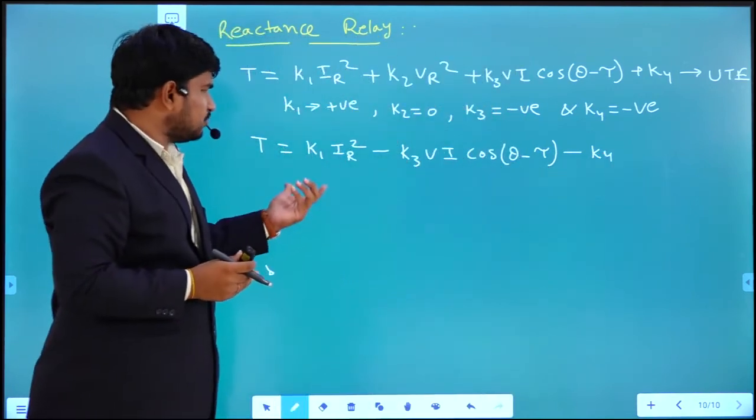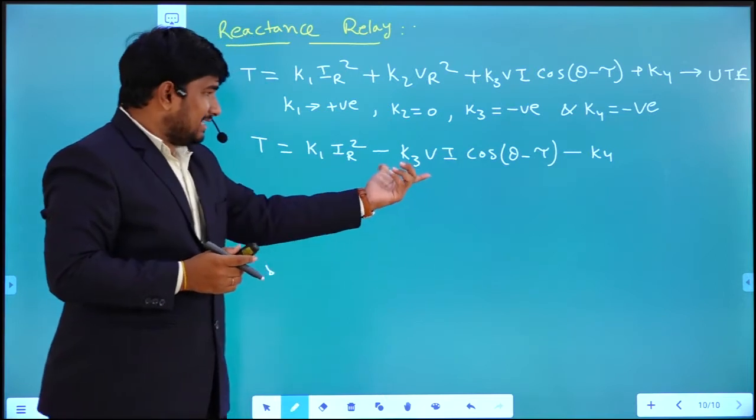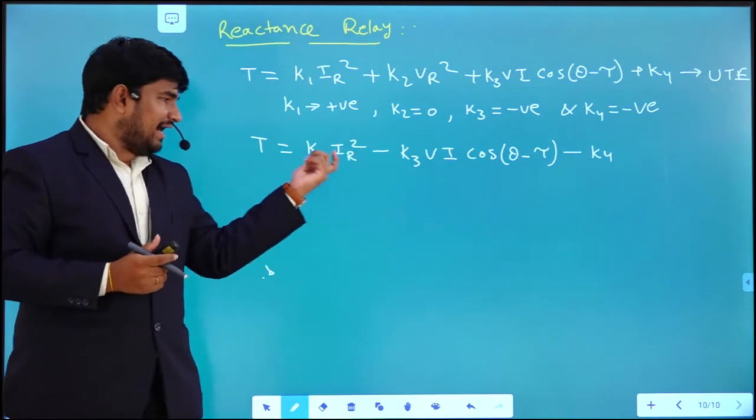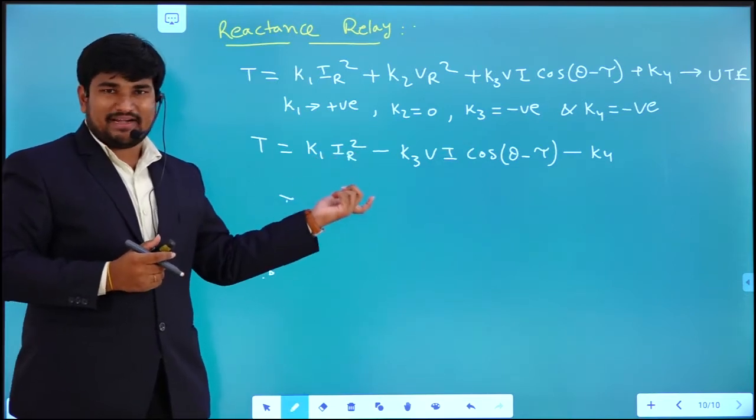If you observe this expression, the directional quantity is producing restraining force here and the current is producing operating quantity.